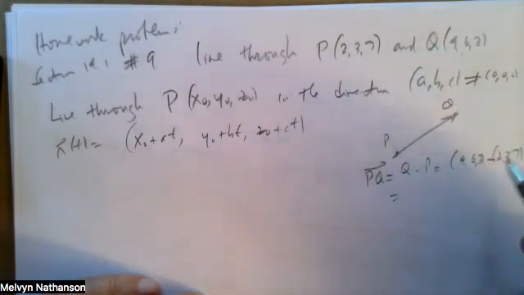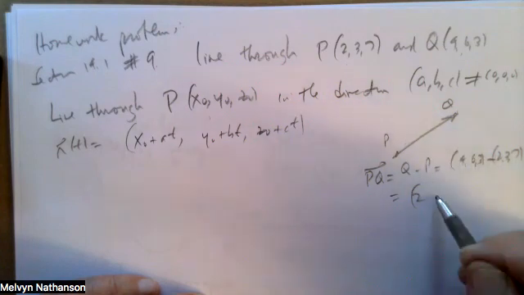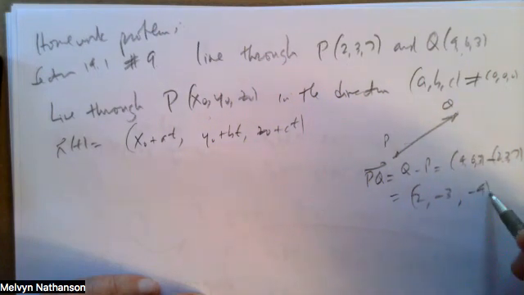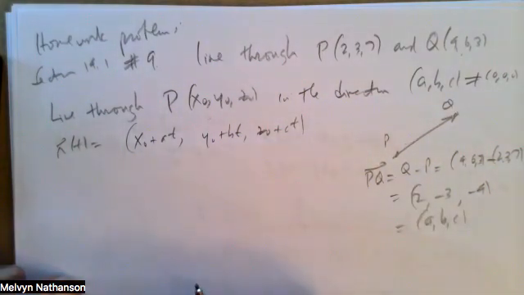So that's 4 minus 2 is 2. 6 minus 3 is 3. And 3 minus 7 is minus 4. So this is the vector a, b, c.